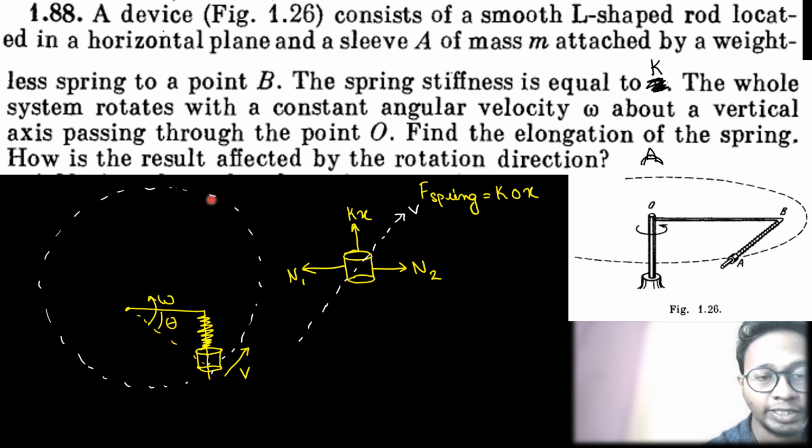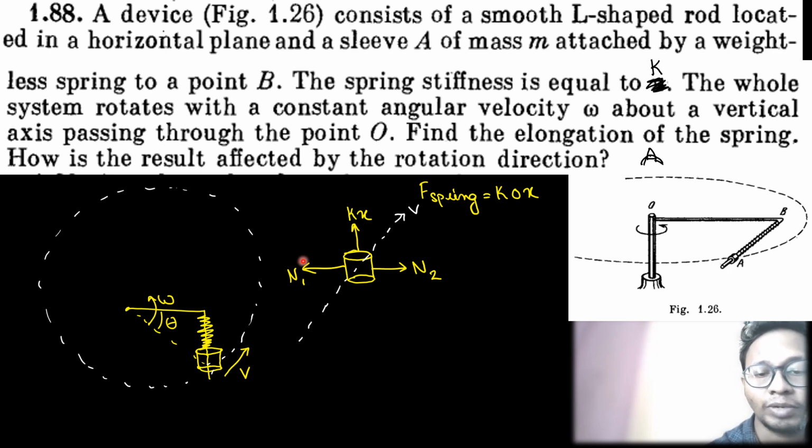In this horizontal plane, apart from kx and normal reaction force, there is no other force. Since there is no tangential component of acceleration, kx must be balanced out by normal reaction force. If we put the normal reaction force on the other side, both kx and normal reaction force would add in this direction, and it would give a wrong tangential acceleration.